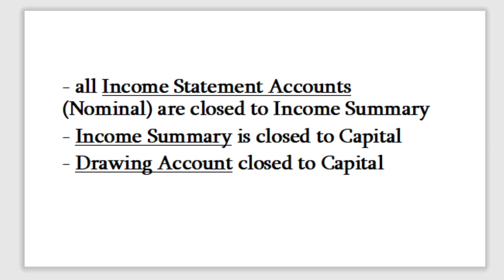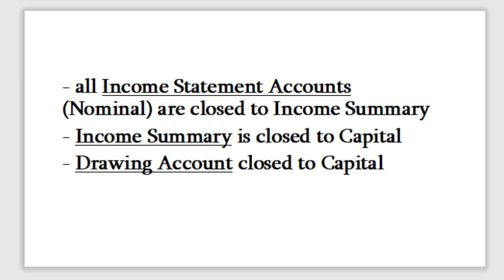Next one is income summary. Kapag na-close na natin yung income statement accounts into income summary, since income summary is a temporary account, i-close natin siya ngayon to the capital account. And then third step is drawing account closed to capital account, kasi nga drawing account is also a temporary account.